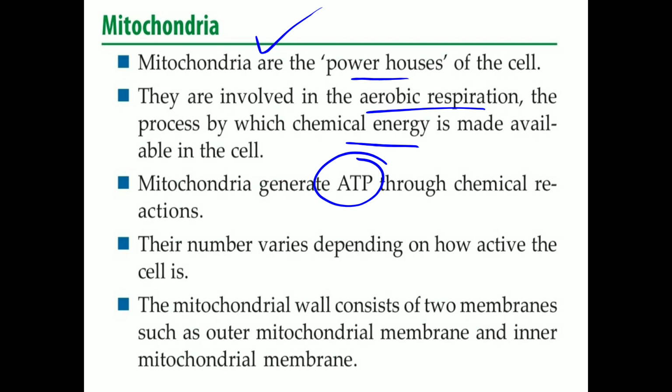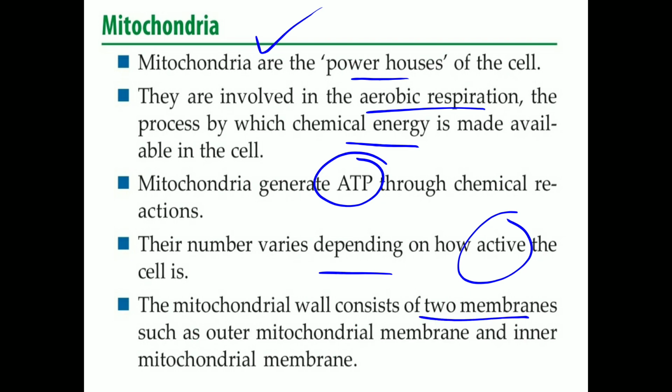The number of mitochondria may vary from one cell to another, depending upon how active the cell is. The more active the cell, the greater the number of mitochondria in it.